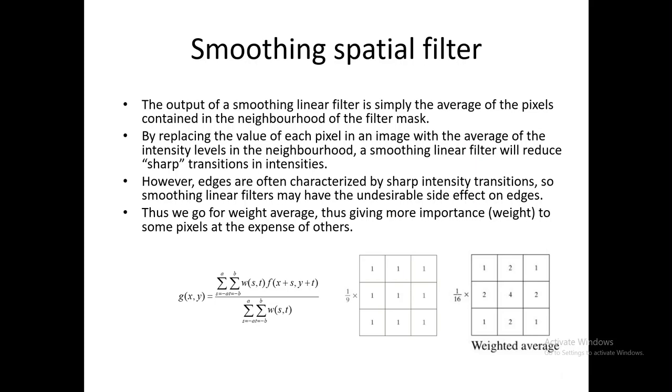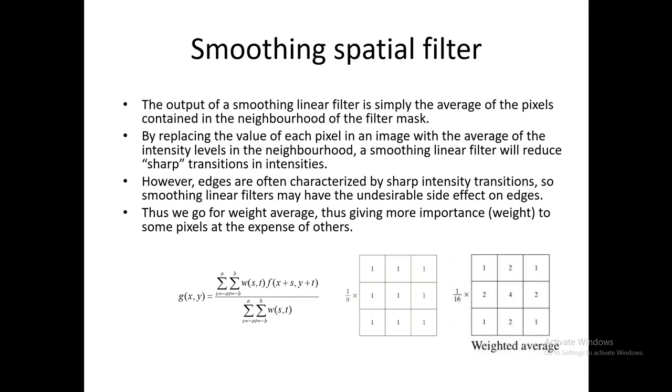Now we'll discuss the smoothing spatial filter, even though the previous one was also a smoothing spatial filter. What we observe is that the output of a smoothing linear filter is simply the average of the pixels contained in the neighborhood of the filter mask.